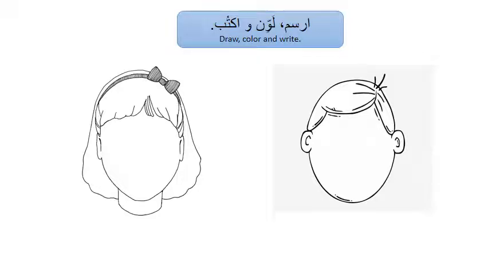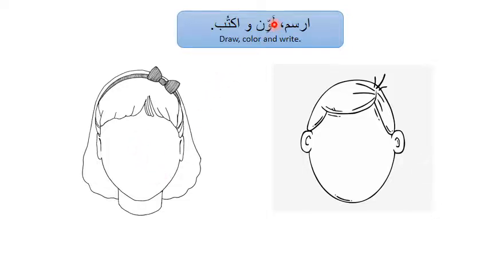And now for the second task, what I want from you is ارسم, draw, لون, color in, واكتب, and write. You have two faces, ولد وبنت. They don't have any details in there, they are blank. I want you to ارسم, draw عين, eyes, and then nose and mouth.